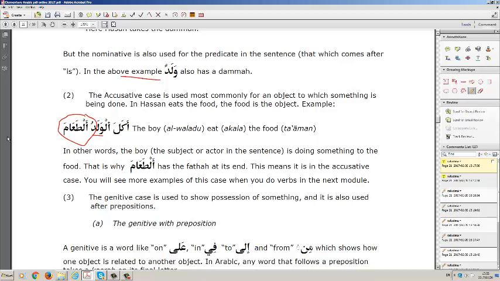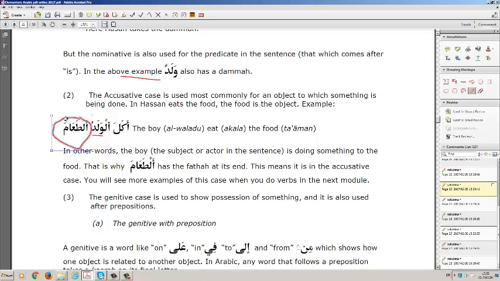So it takes the a sound. Akala al-waladu at-ta'ama. So, in other words, the boy, the actor in the sentence, the one who does something, is doing something to the food.